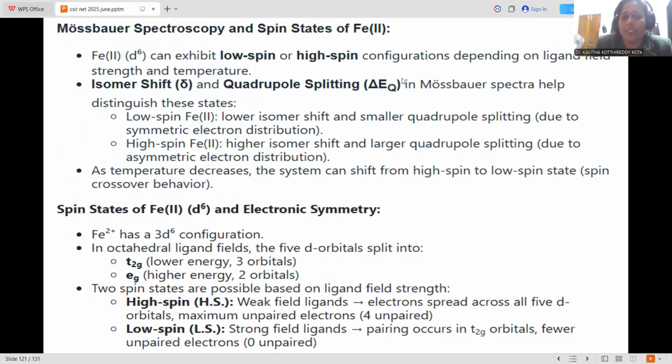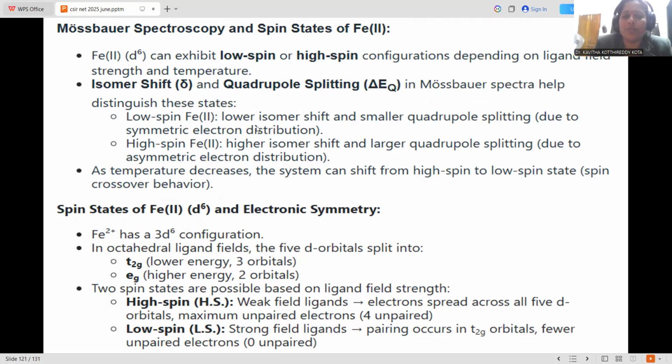High spin is also a possible configuration, depending upon the ligand field strength and the temperature as well. Isomer shift and quadrupole splitting are possible in Mossbauer spectra. Using the isomer shift and quadrupole splitting, it is possible to distinguish a low spin Fe plus 2 complex from a high spin Fe plus 2 complex. Same ligand, same metal, but the complex nature will vary. There is a provision for low spin and high spin as well.